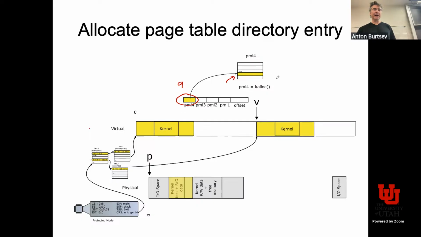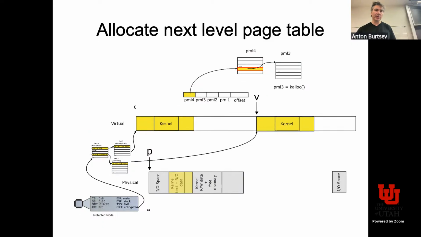So this highlighted yellow entry. But you have to allocate the PML4 level first. And you say, look, if I just allocated it, my next goal is to connect PML4 to PML3. So there might be a chance that this node of PML3 was never allocated before. It's a brand new page table, right?